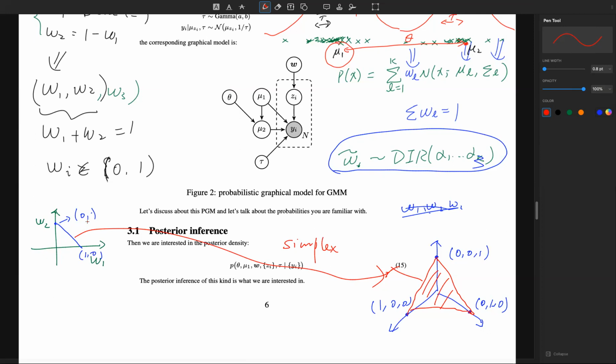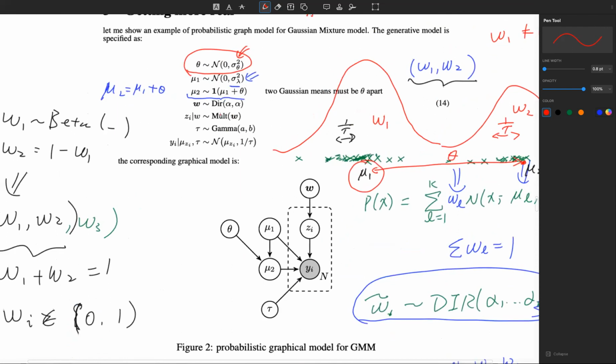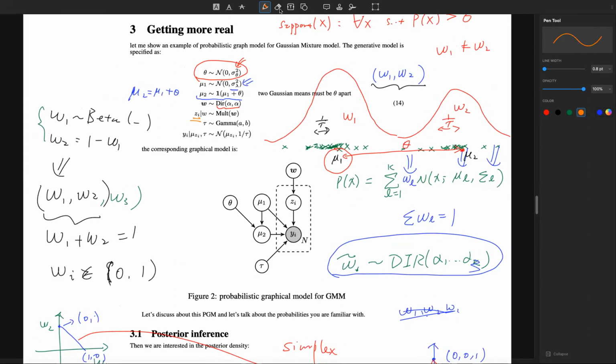Okay, so we have decided that we're just going to use a 2-dimensional Dirichlet distribution, or 1D beta. The other one is 1 minus that. That's fine. And how do you draw Z? What's Z? Z is the latent variable.